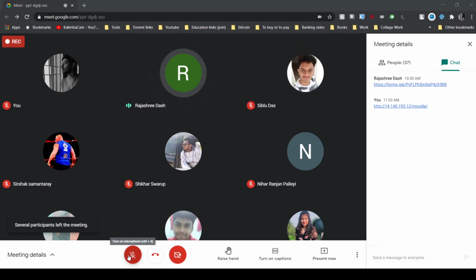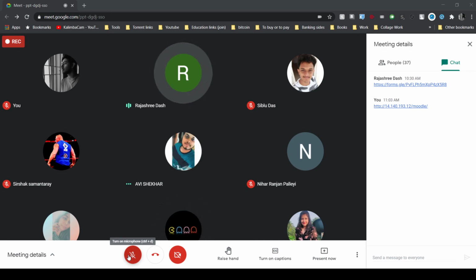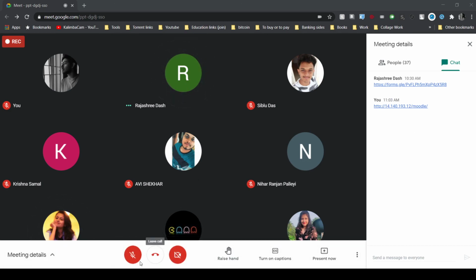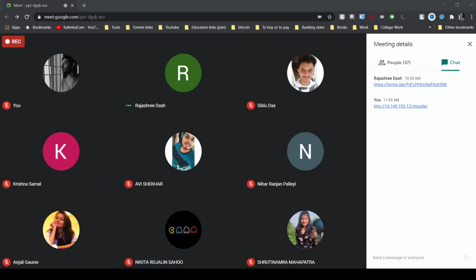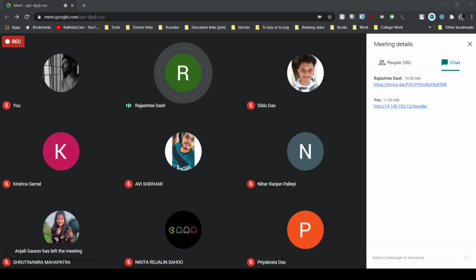Nikita Rojalin Sahu, Krishna Samal, present, ma'am. Abhishekar, present, ma'am. Kef Mohammadi, Anjali Gaurav, present, ma'am. Priyabrata Das, present, ma'am. Alisa Patnaik, present, ma'am.